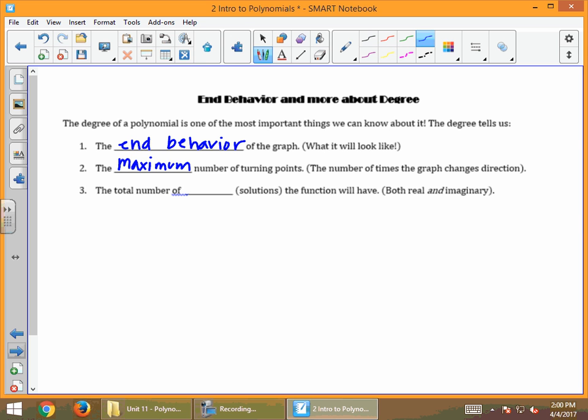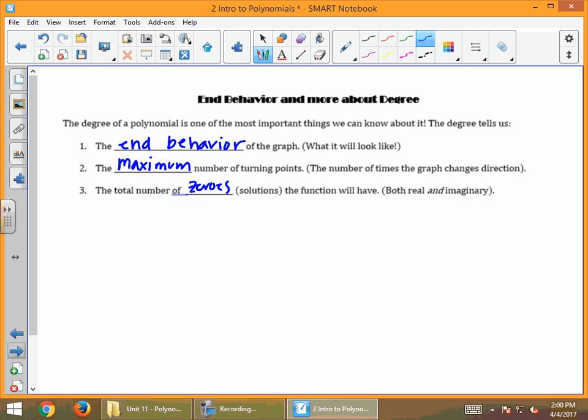And we can also know the number of zeros or solutions or x-intercepts. All three of them are the same, both real and imaginary. We know how many there are just by knowing the degree.